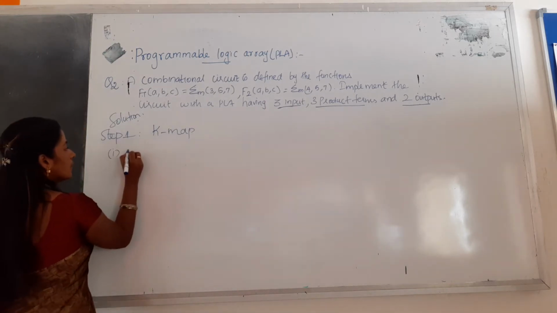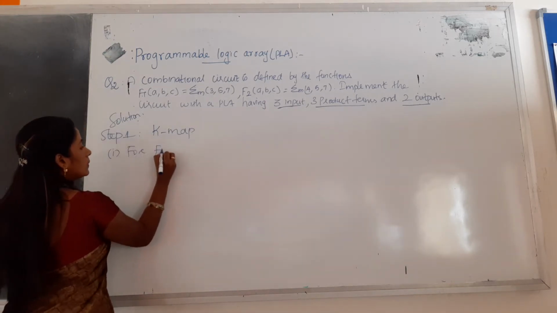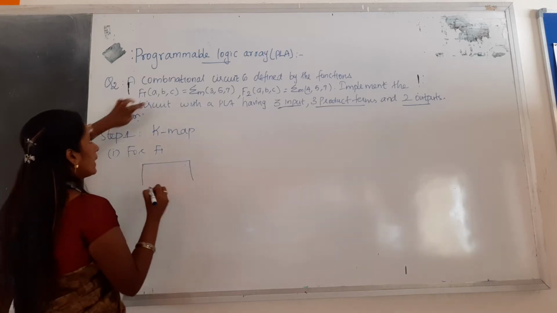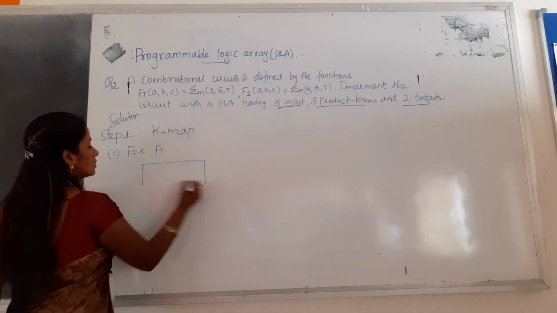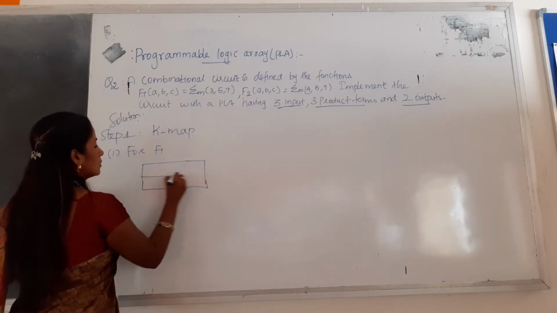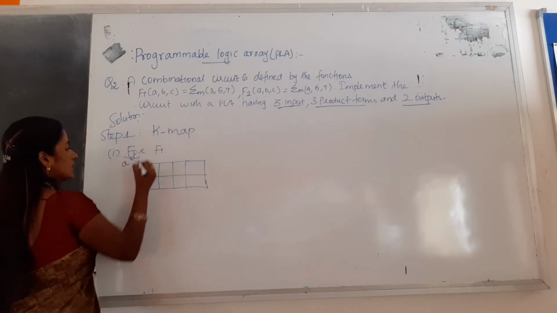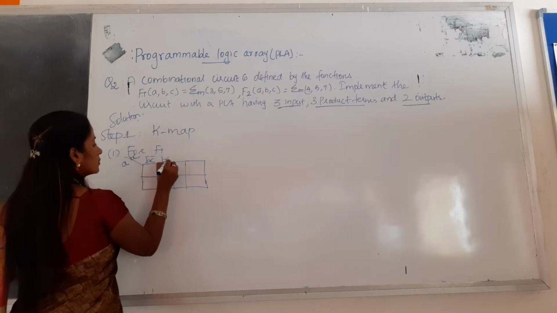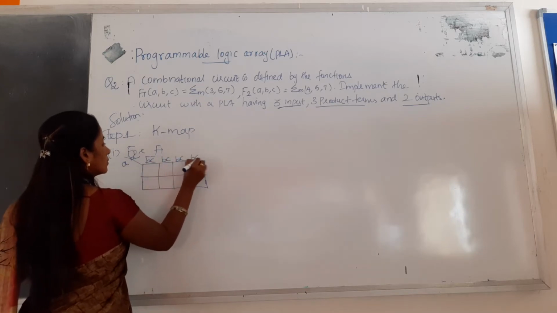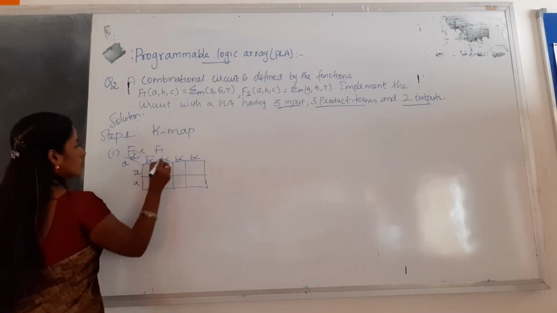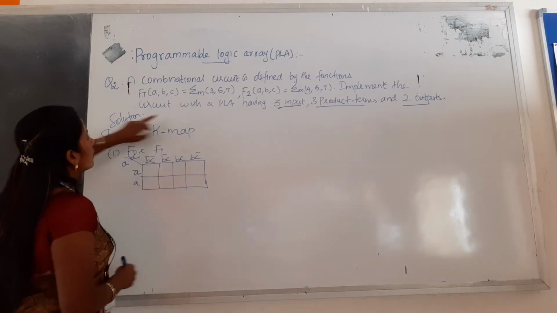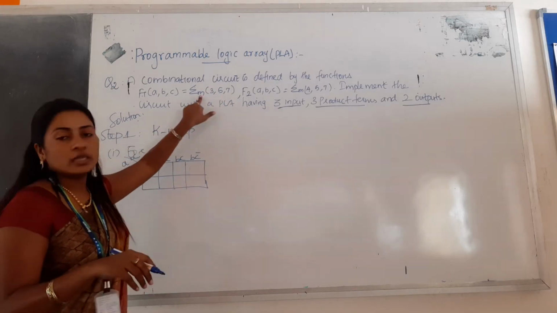One is for F1. So a 3 variable K-map, A B C. 3, 5, 7, all these are minterms.